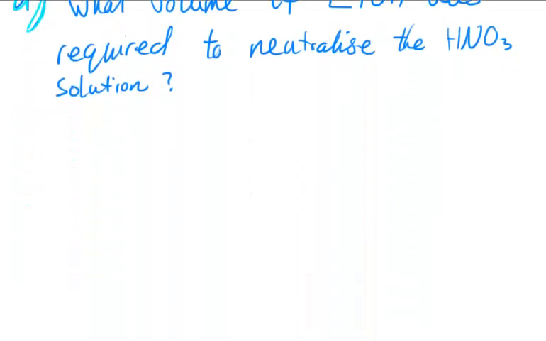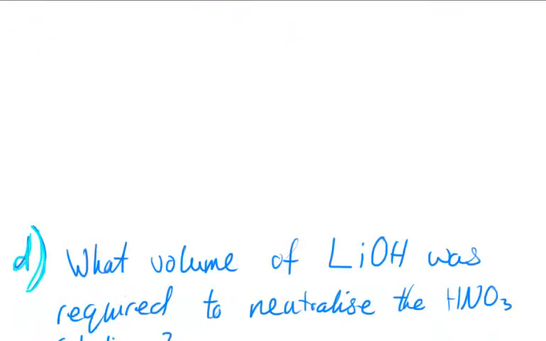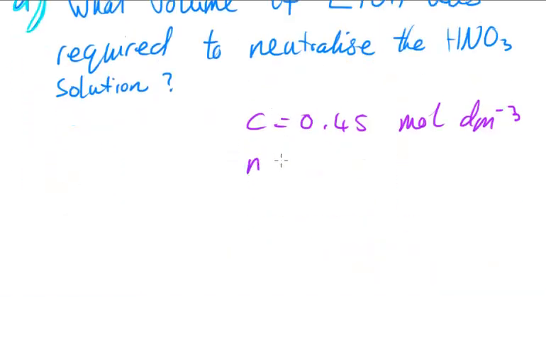So let's just write that down. C equals 0.45 moles per dm cubed. And we've worked out the number of moles. n equals 0.00376 moles.